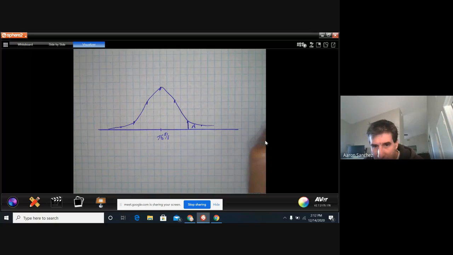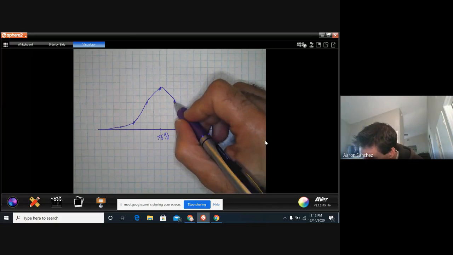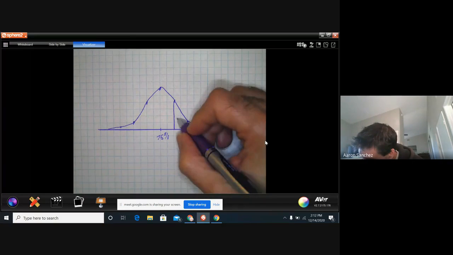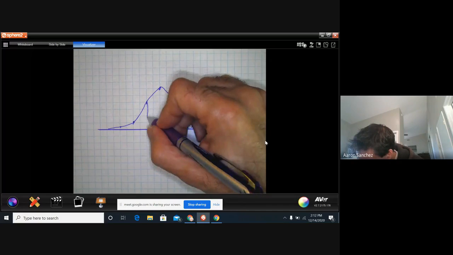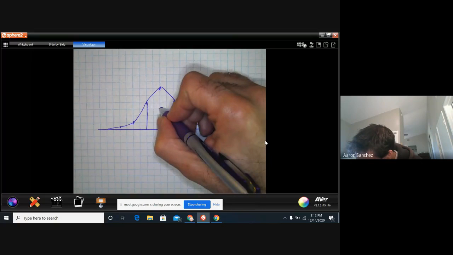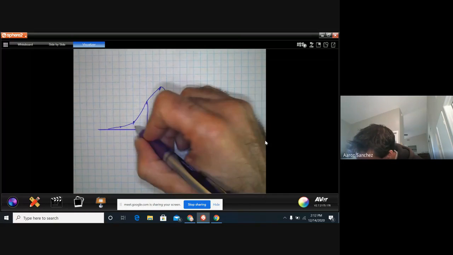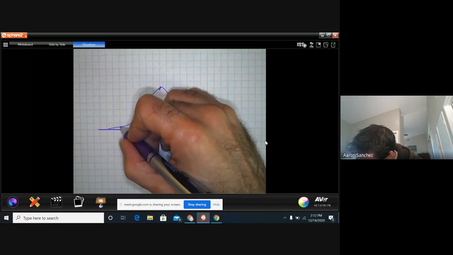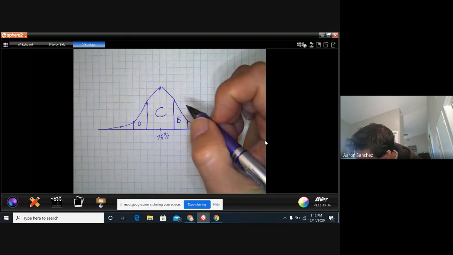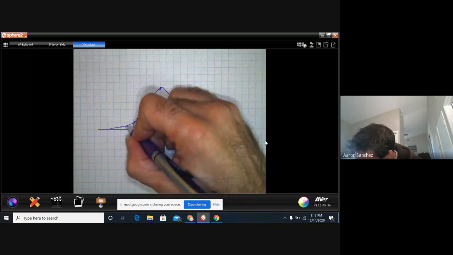Let's say this section right here represents my B's. And this section right here represents all of the C's. And this section represents all of my D's. And then everything left is going to be my F's.